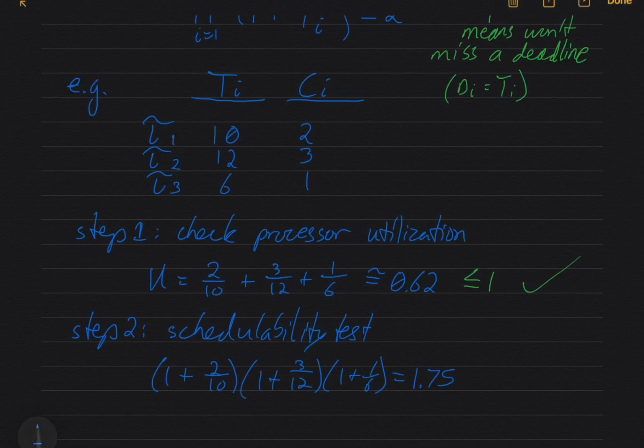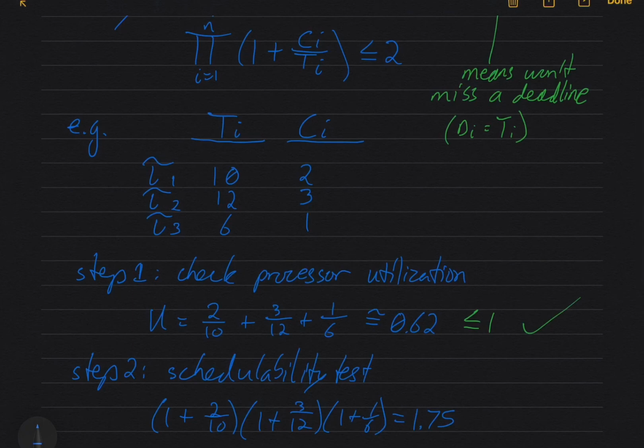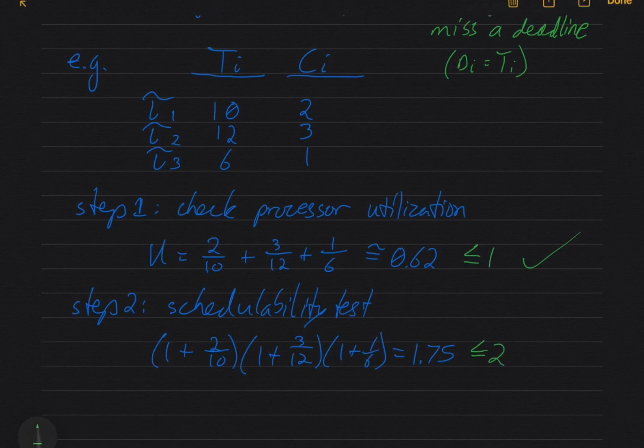And the schedulability test up at the top here was that it has to be less than or equal to 2. So that is less than or equal to 2. And so this task set is schedulable using rate monotonic to assign fixed priorities.